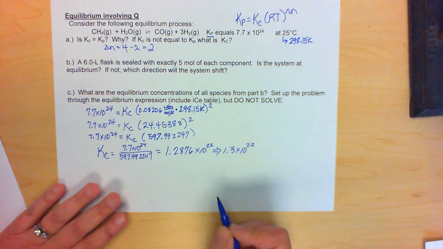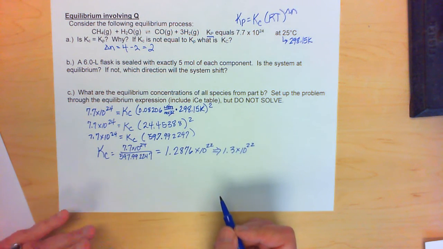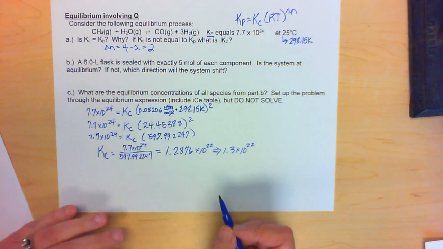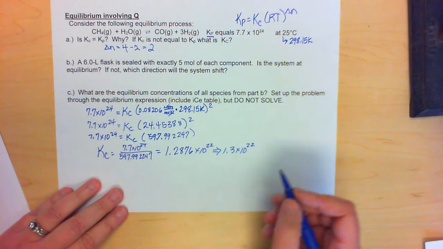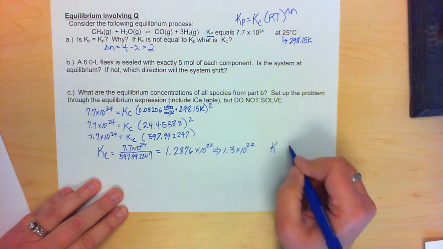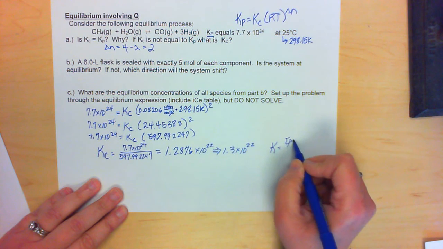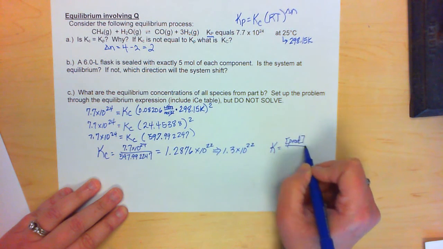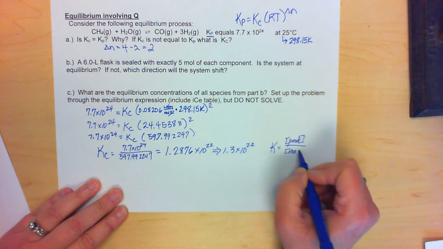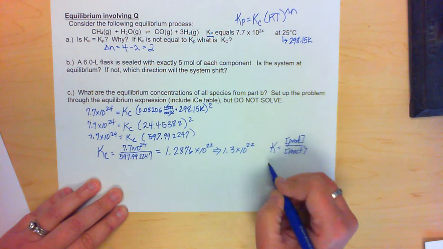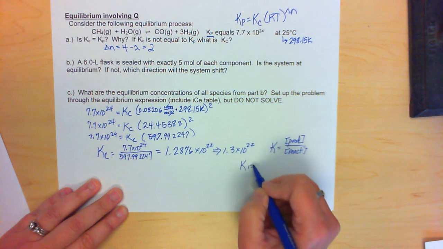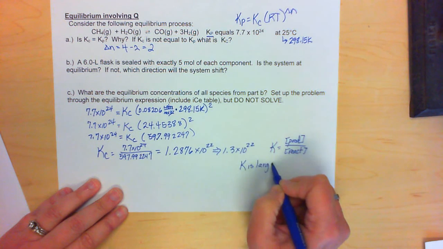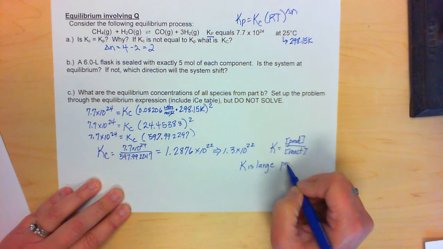Okay, so Kp was large, Kc is still large, and that mostly means that this reaction is product favored. Because remember, K is always products over the reactants, so since K is so large, it will be product favored.